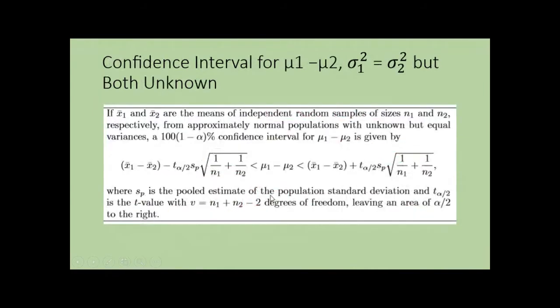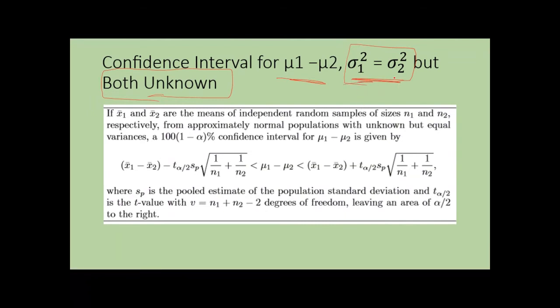Next case, confidence interval for the difference of two means again, but in this case sigma 1 and sigma 2 are equal. The two variances are equal but unknown. We are not aware what is the exact value of sigma 1 and sigma 2. But given that they are from the same population, maybe both populations have the same variance, isn't it?